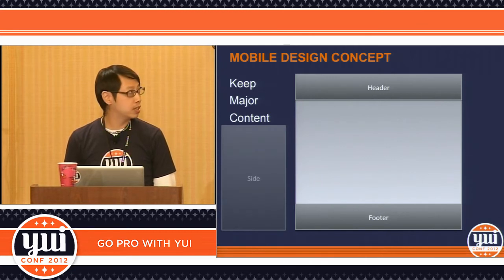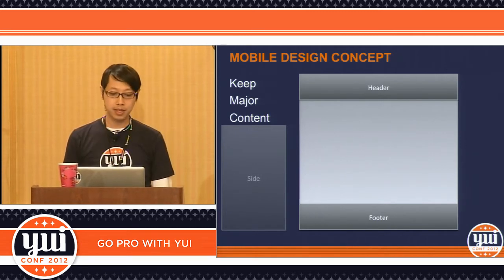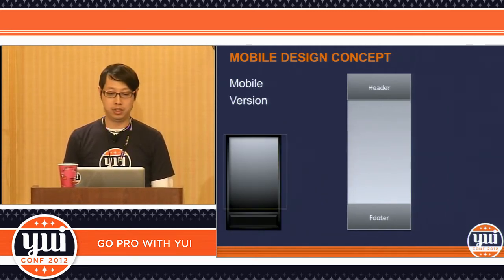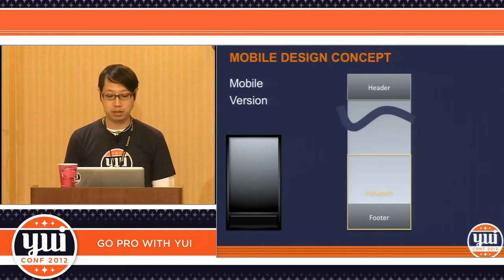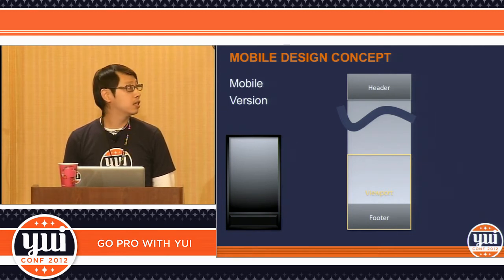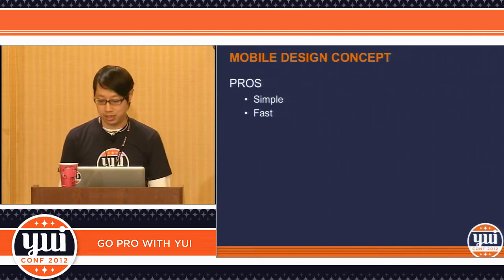So we do this, then we have a chance to fit the rest of the content into mobile device. Then by this design, user can scroll up and down to see all the major content. So that is the basic concept of mobile design.